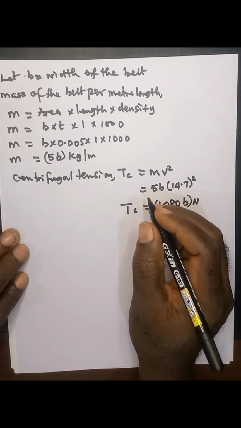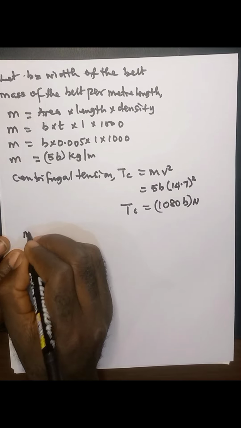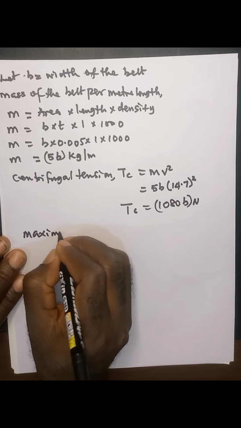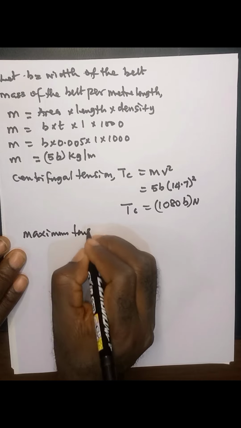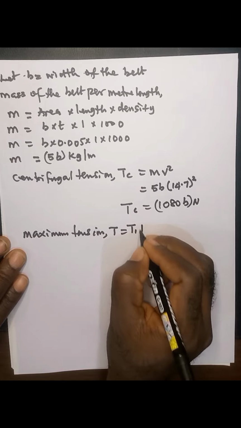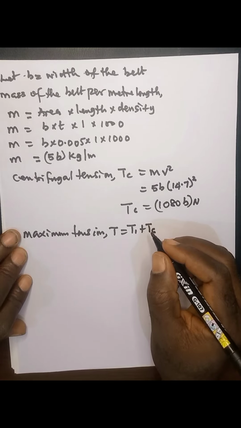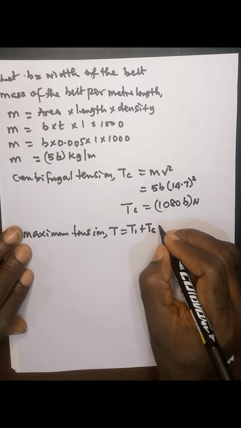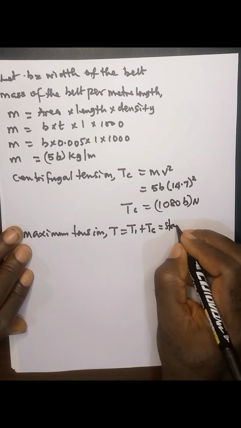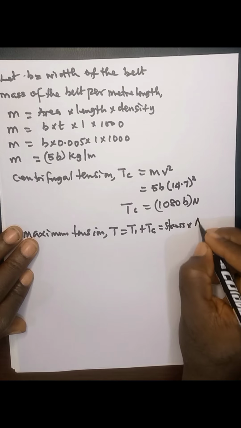Then we know that the maximum tension or the total tension in the belt, T is equal to T1 plus Tc. And we know that this maximum tension is equal to the stress multiplied by the area.